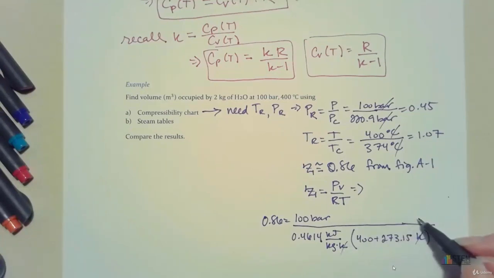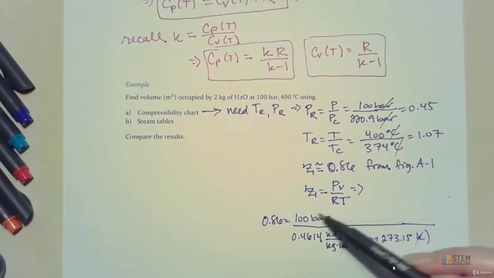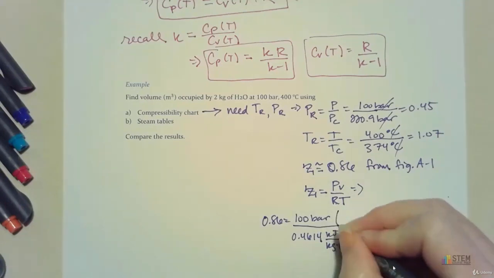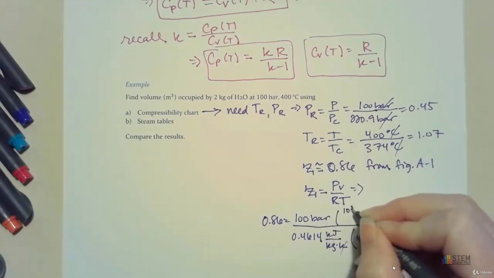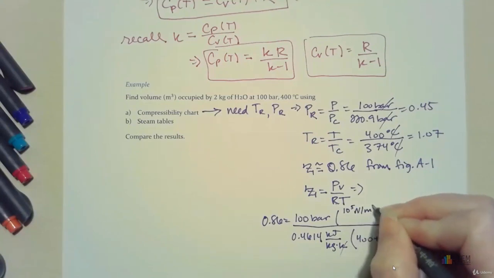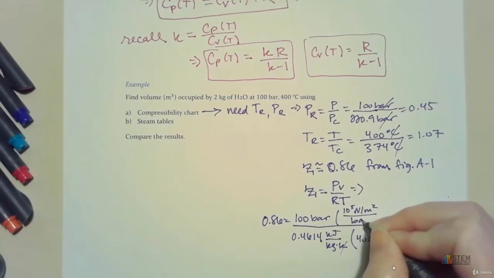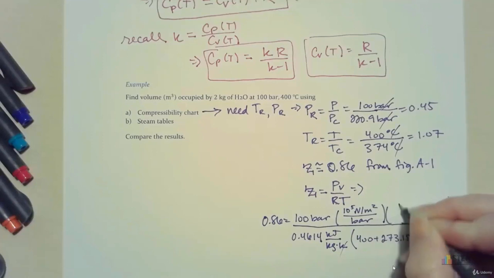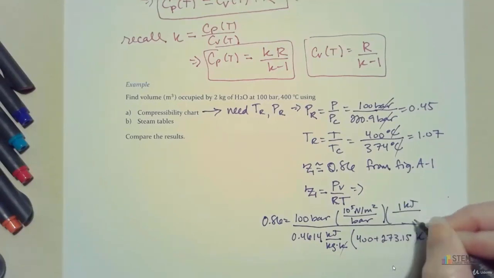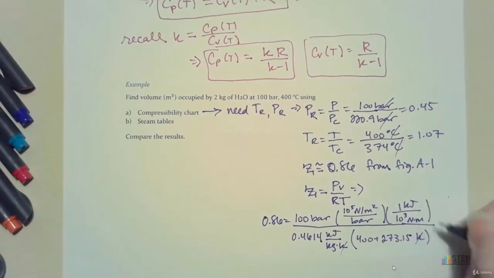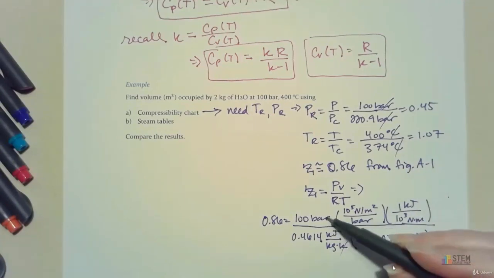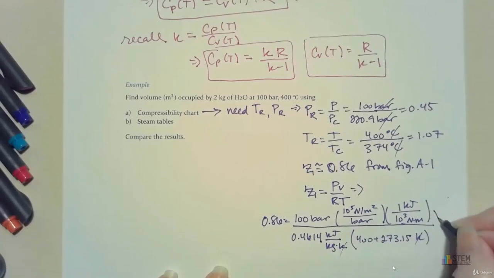Now, we're still going to have specific volume up here also. But we need to get rid of this bar term. So let's do our conversions. We're going to have 10 to the 5th Newton per square meter per bar times 1 kilojoule per 10 cubed Newton meters. So this will convert bar over to kilojoules, and then multiplied by that specific volume.